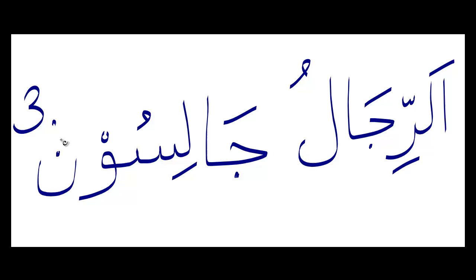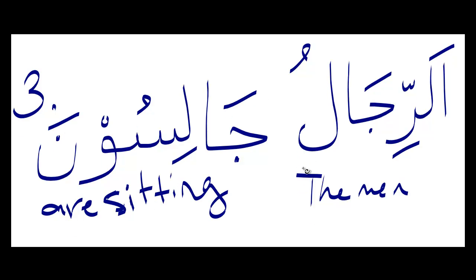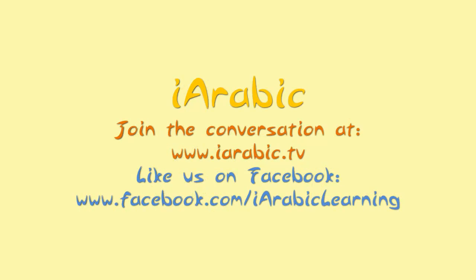Jalisuna is the plural of jalisun. Okay? The men are sitting. And so here we have ar-rijalu, which is the mubtada, and we have jalisuna, which is our khabar. And that is our lesson for today.